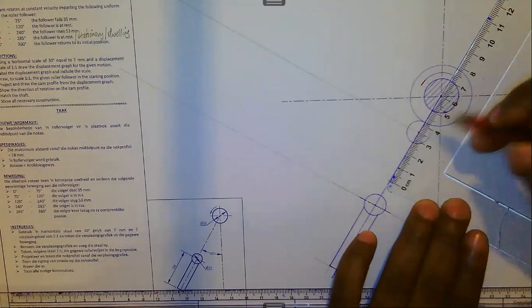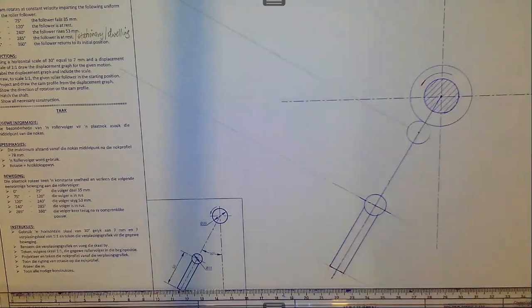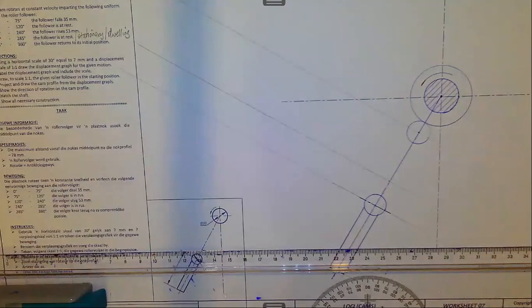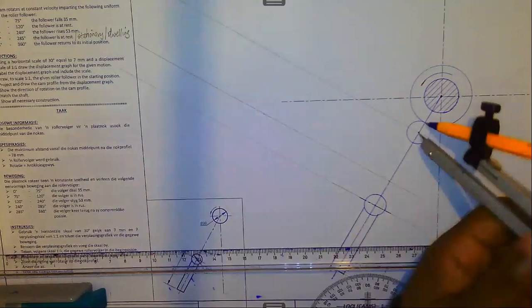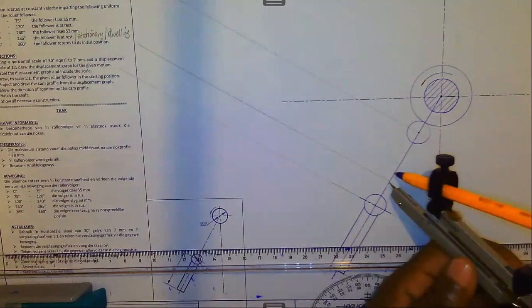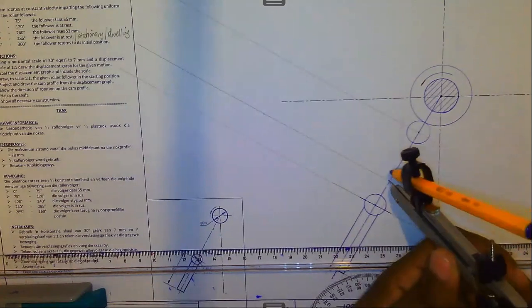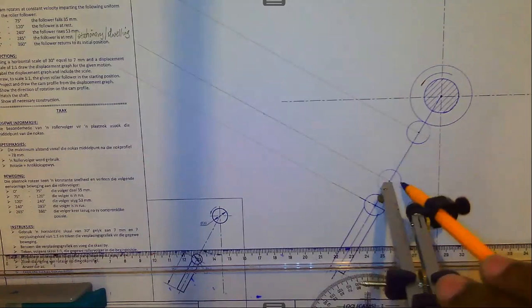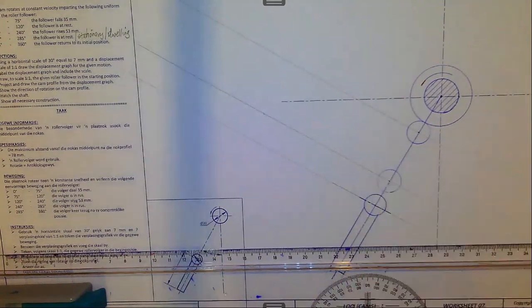Then we draw another line again. We draw another faint circle, radius 7. This is our starting position. It's like that. Right. So we start here, then for 35 millimeters.